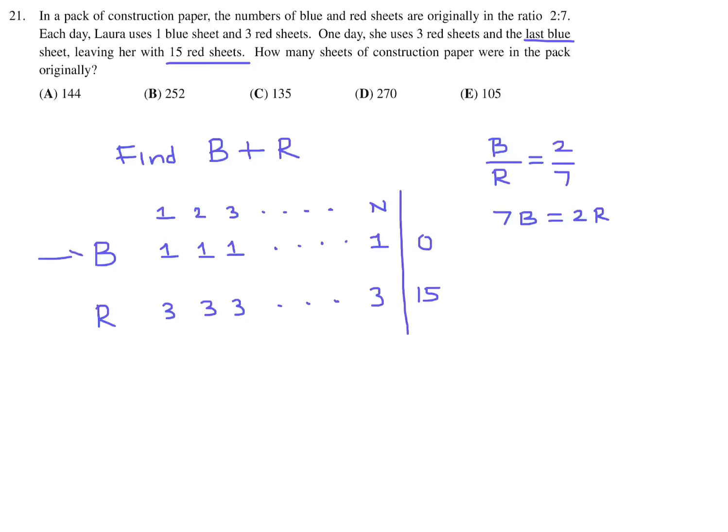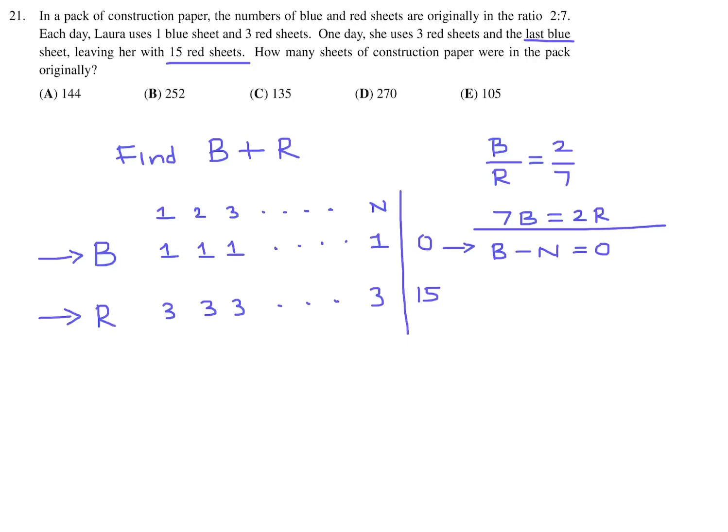Now, we take both of these scenarios and make equations. So from the first one, you can get the following equation, that B, every day you are subtracting 1 and there's N days, so B minus N is equal to 0. Okay?